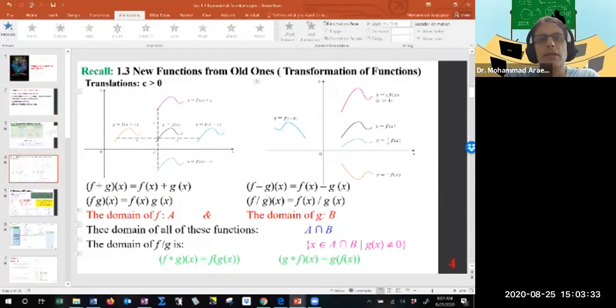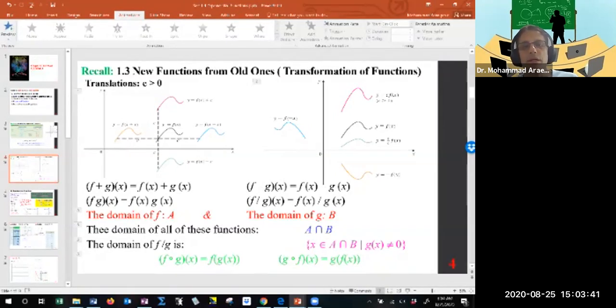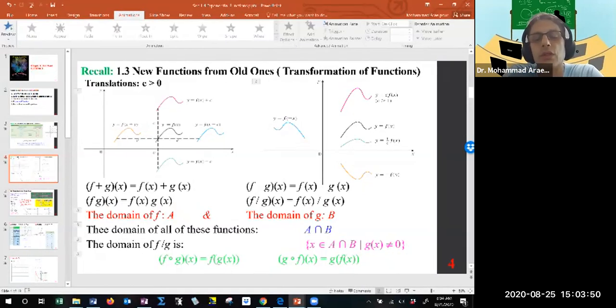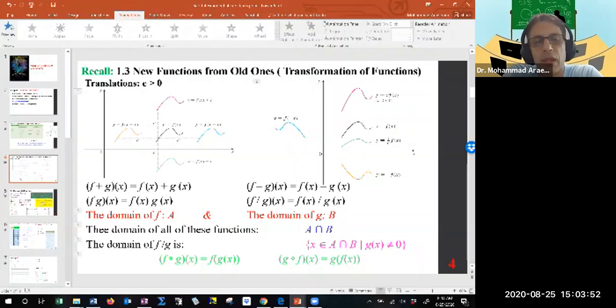Then we looked at the new functions from the old functions. We looked at algebra functions, and the composite functions, and their intervals, their domains, which was simply put the intersection of their domains in the case of each and every one of them.